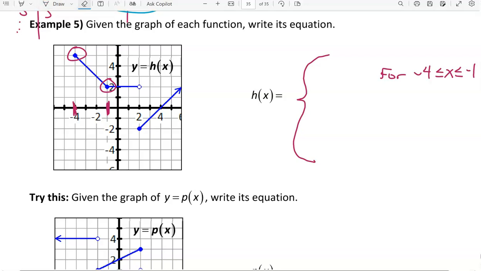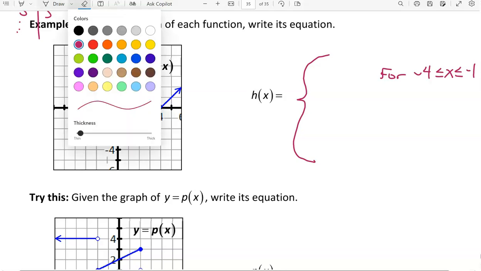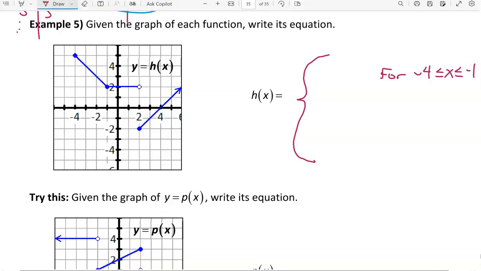The next thing that I'm going to do is draw an extension of this line right here, and we're going to notice something about this line. If I extend it, it would go through the y-axis at a y-intercept of 1. So that's the b value in y equals mx plus b. Also, I'm going to notice that its slope is equal to negative 1.